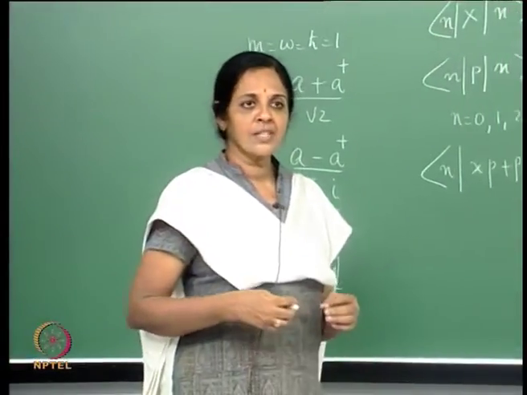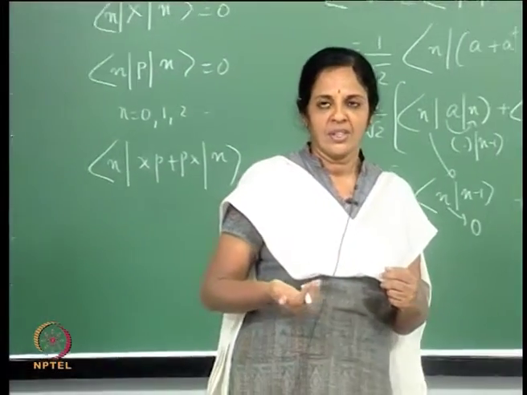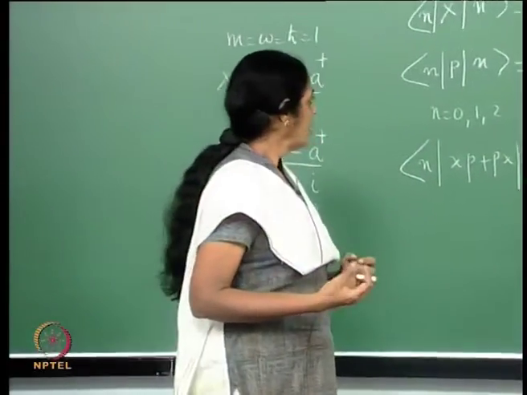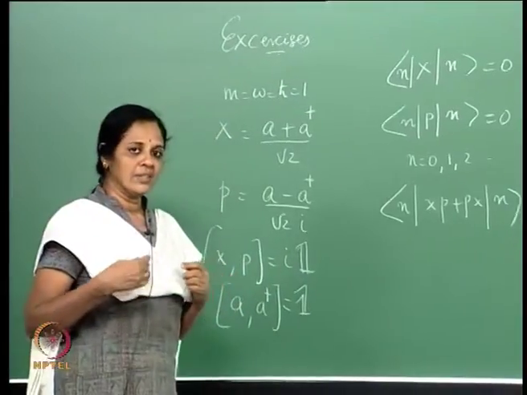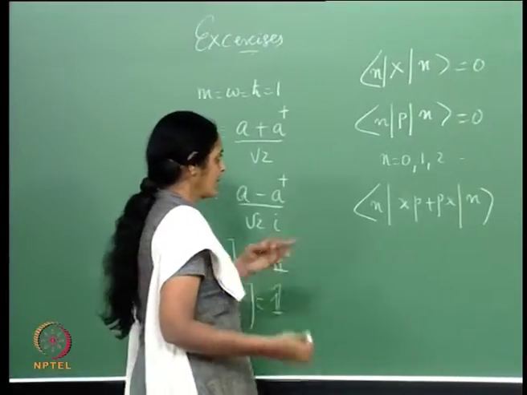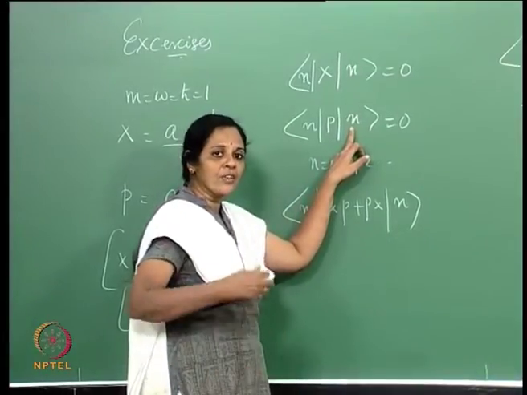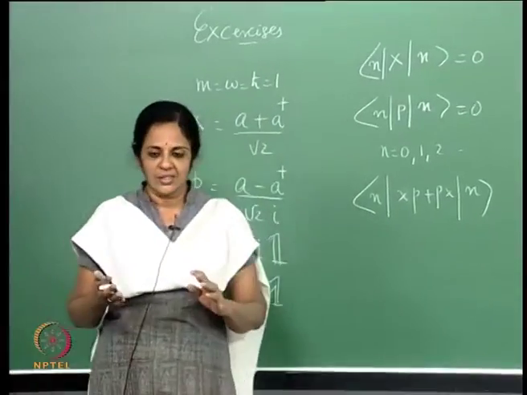This can be explained well when one goes to the position representation and the momentum representation, which I will do subsequently. It has to do with the fact that all the energy eigenstates, when written as functions of x, when written as wave functions, have a definite parity.